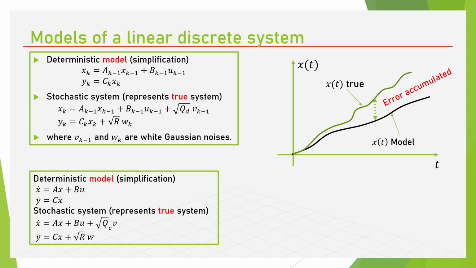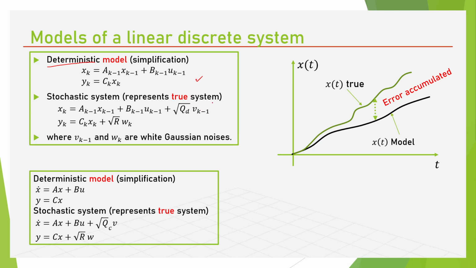Now let's look at the dynamic system. For a linear system, we can model it as discrete. If we don't consider noise and uncertainty, the model is called deterministic. That is a very simplified model.